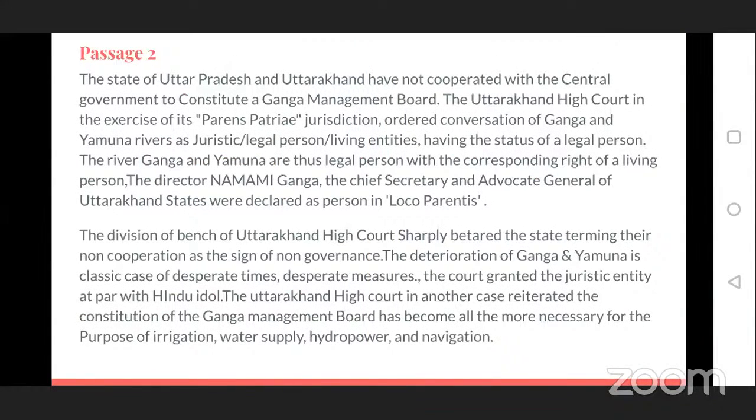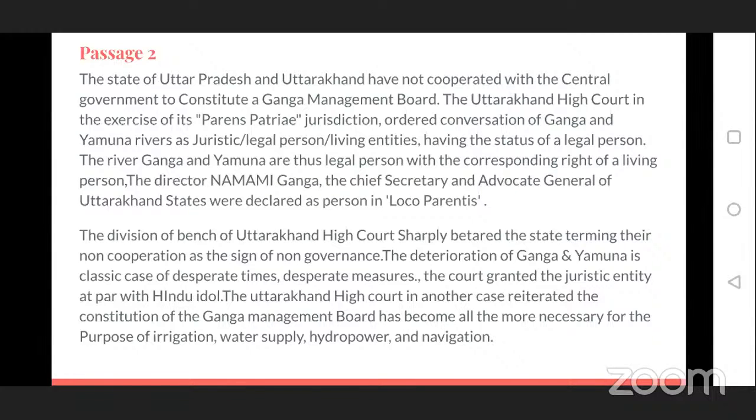Now let us look into passage number 2. I'll just read the passage 2. The state of Uttar Pradesh and Uttarakhand has not coordinated with the central government to constitute a Ganga Management Board. The Uttarakhand High Court, in the exercise of parens patriae jurisdiction, declared the Ganga and Yamuna rivers as juristic legal persons, living entities having the status of legal person.